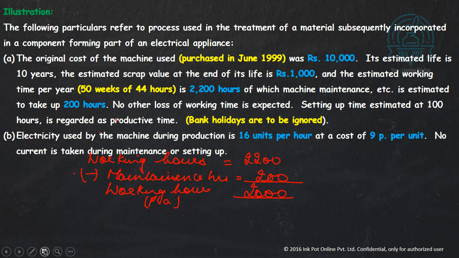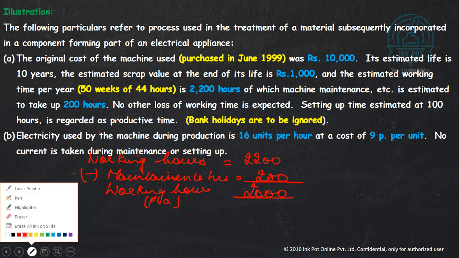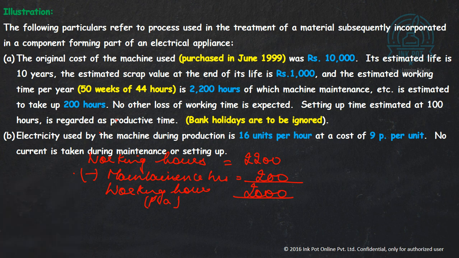Now let's see what else is given to us. Electricity used by the machine during production is 16 units per hour at a cost of 9 paisa per unit, and no current is taken during maintenance or setting up time.